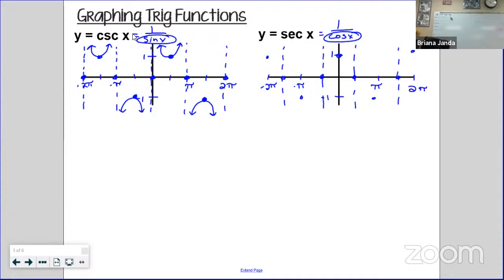I use the dot off my midline to draw in those parabolas away from my midline. Questions on graphing?